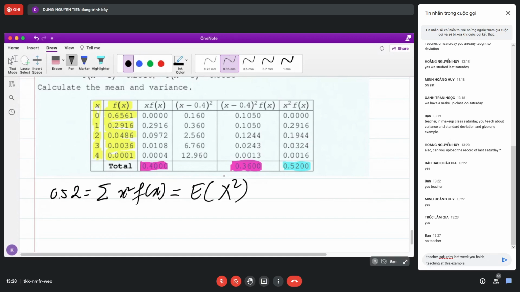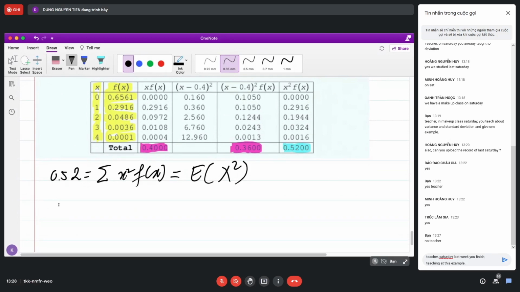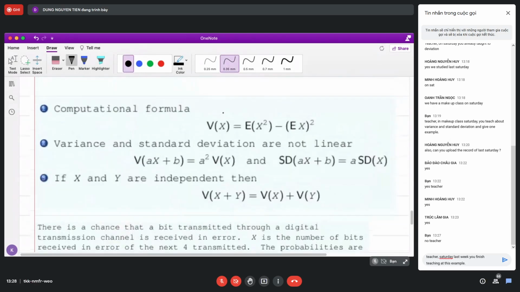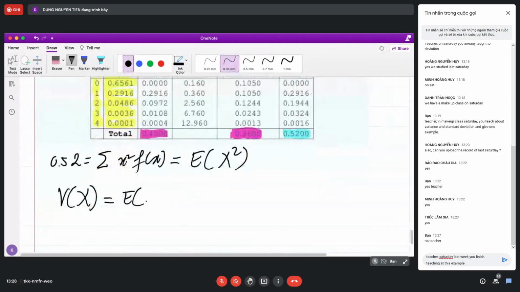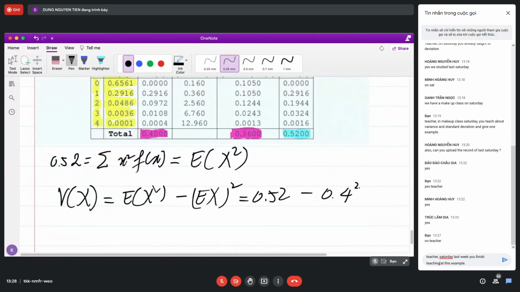You can use the formula I just mentioned: the variance of x is the mean of x squared minus the square of the mean of x. The first term is 0.52. The second term is the square of 0.4, and this is again 0.36. So this value is the same as that value.